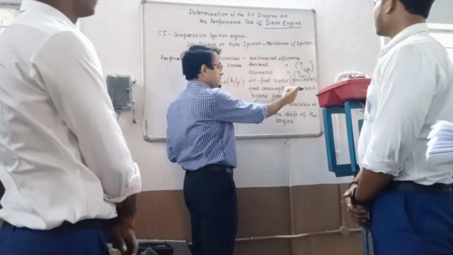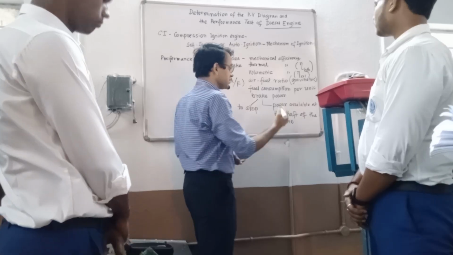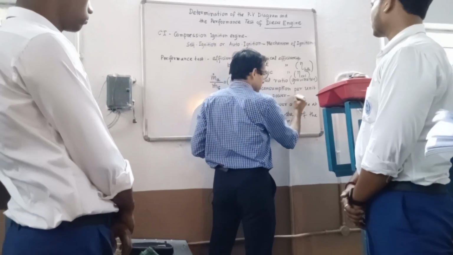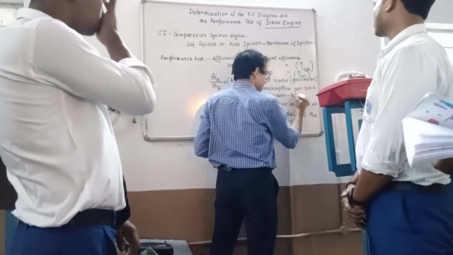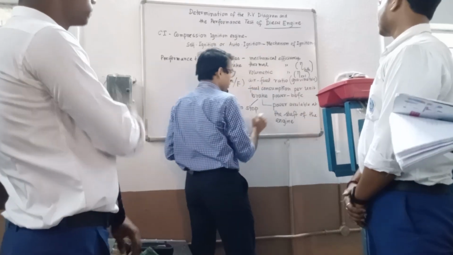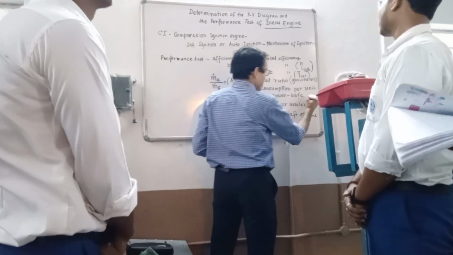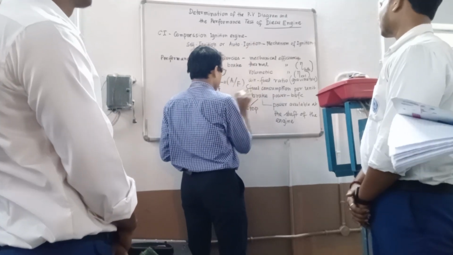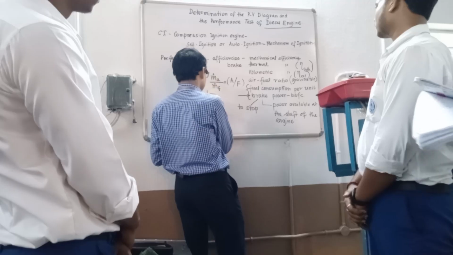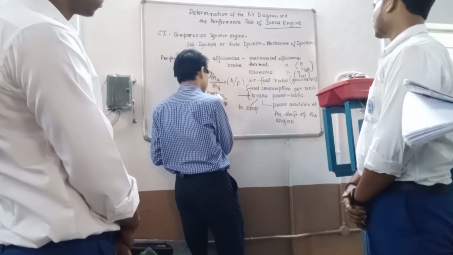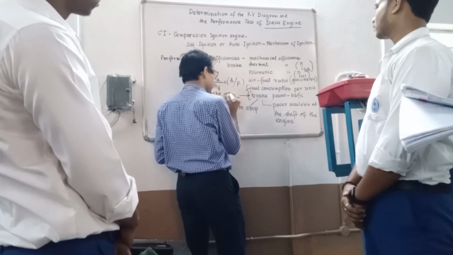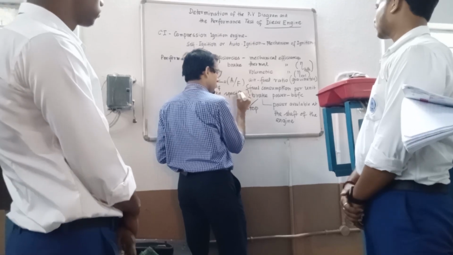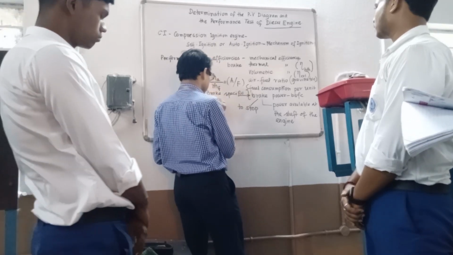Then fuel consumption per unit brake power, this quantity has a special name, that is called BSFC, brake specific fuel consumption.